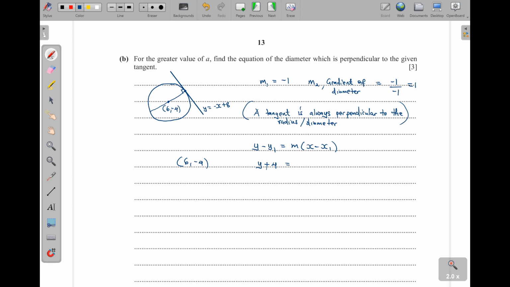Then it's equal to m, which is 1, and then x minus 6. When I open the brackets, we shall have x minus 6. Then when this one crosses, it's a minus, so it will be minus 4. And therefore, the equation of the diameter is going to be y equal to x minus 10. As simple as that.